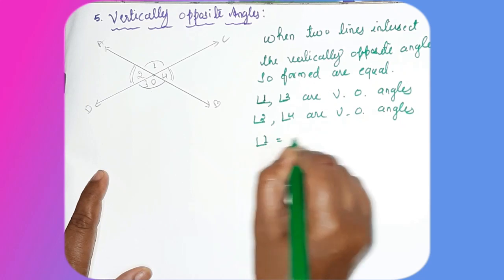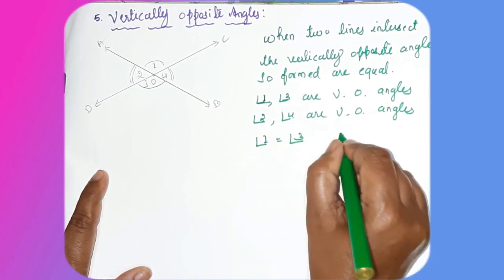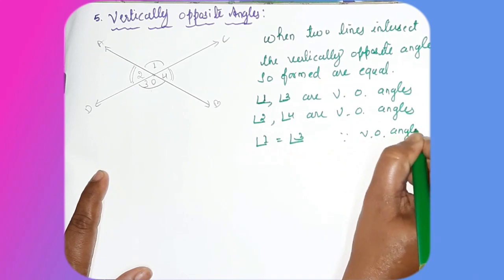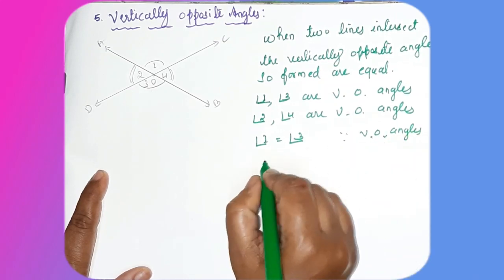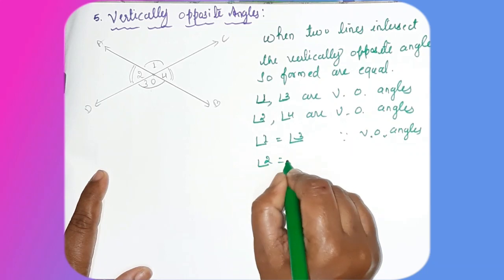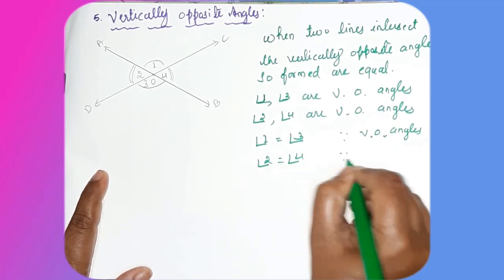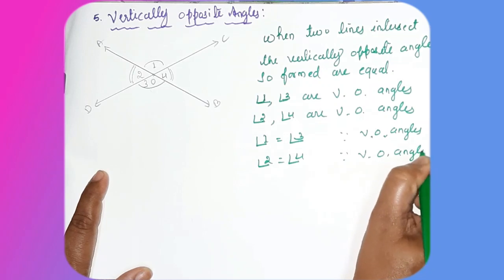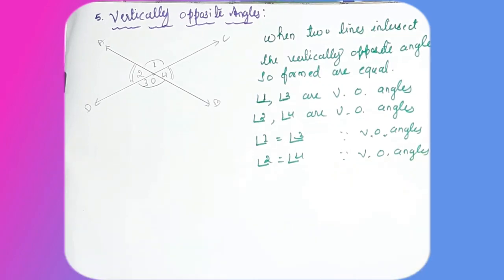Angle 1 is equal to angle 3. Why? Because they are vertically opposite angles. And angle 2 is equal to angle 4. Why? Because they are vertically opposite angles. I hope you understood.